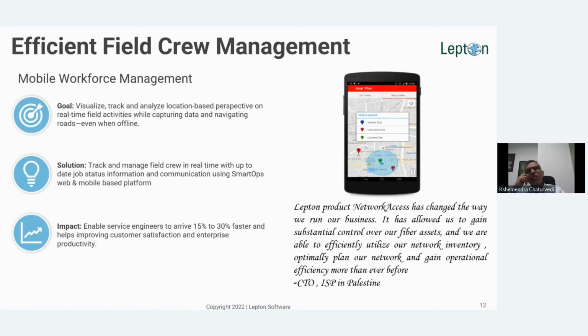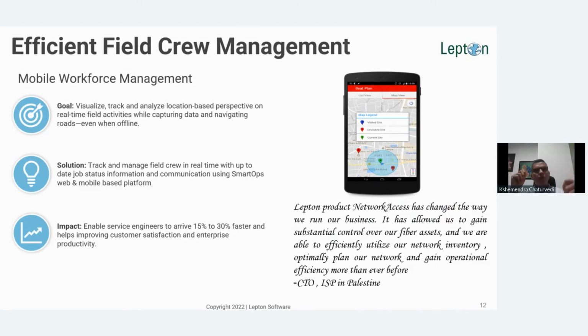While many systems have tried to address this, one key aspect that is most of the time missing is integration with the inventory system. That is where Lepton is very uniquely placed, because as part of the network access product suite, we have the system to manage the assets and the inventory, and natively integrated field crew management, which integrates with the inventory. So your field engineers have a view of the updated network.